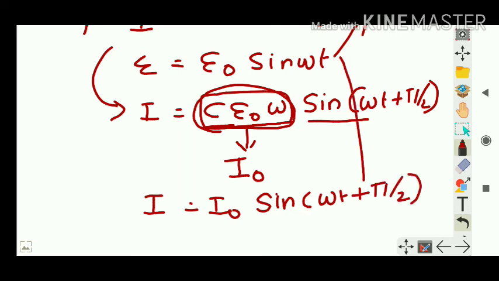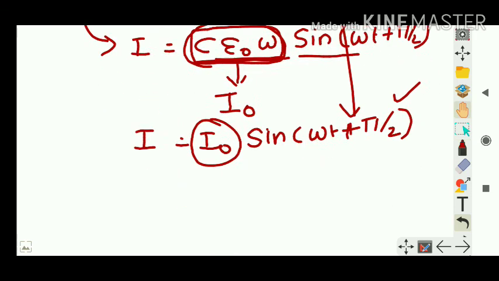Now these two equations are comparable, right? So this constant term is replaced by I naught. Clear? Just like in the previous case. This is the current amplitude. Clear? So this equation which you have got is the expression for the current through the capacitive circuit. Clear? Keep it as it is. So this is EMF, this is current.